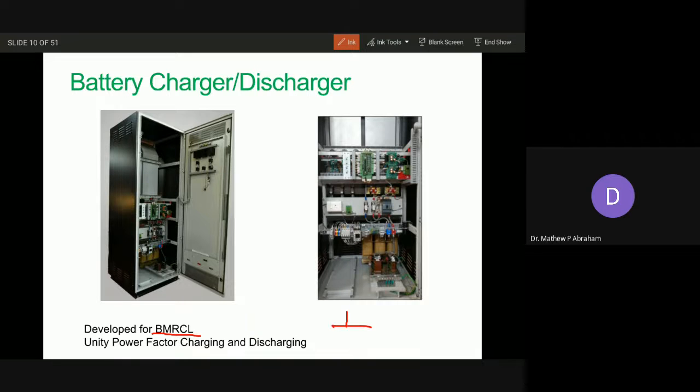So their requirement was this: their batteries have to be regularly charged as well as discharged, because in order to extend the life of a battery, at regular intervals the batteries must be discharged. Generally, they were making use of a passive load for discharging, and they wanted to change it to a grid connected inverter based discharger.